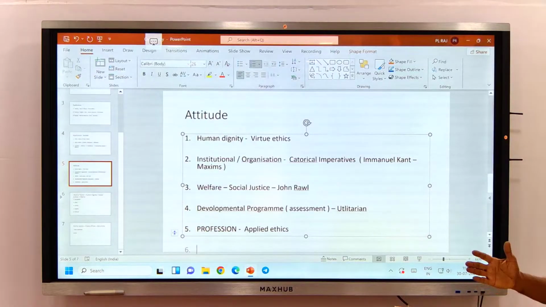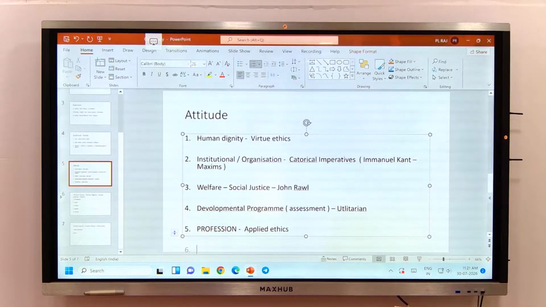Then is reading. While reading itself, you can acknowledge the nature of the case. In the nature of the case, we should have a preset attitude or predisposition, whether we are to deal with virtue lines, categorical imperatives, the question of social justice and utilitarianism, or applied ethics.